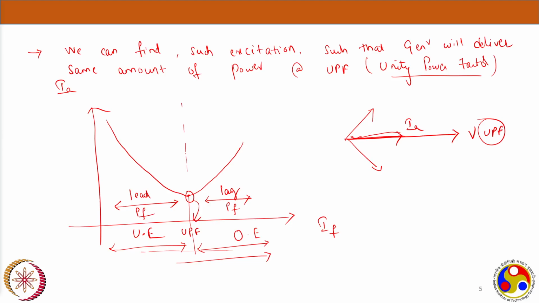So I will just write quick summary points of this synchronous generator. It's just a repetition of the V curve, but you can note it down.